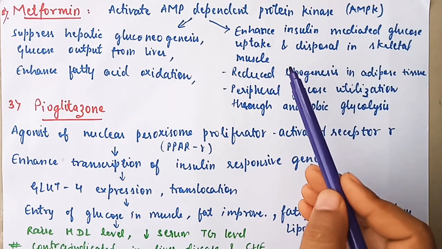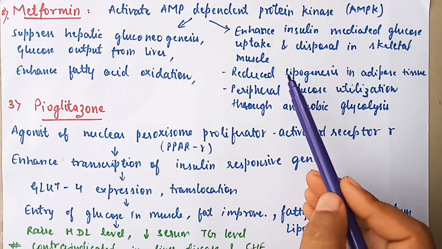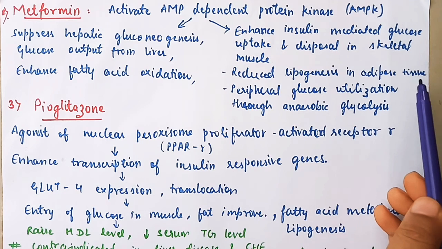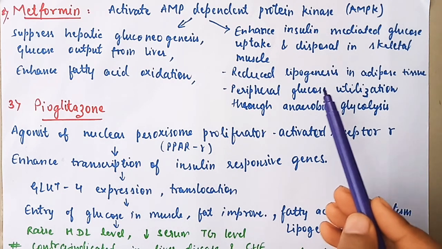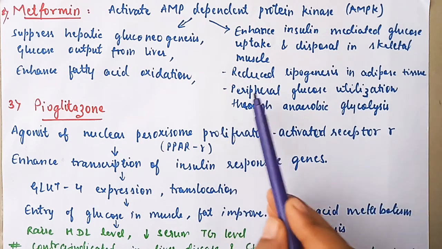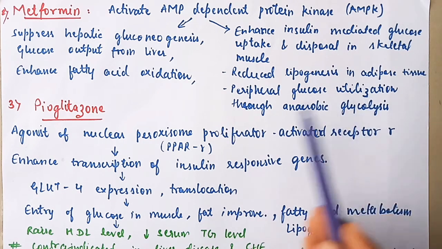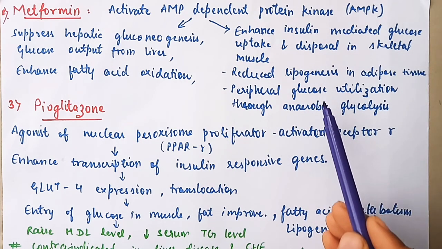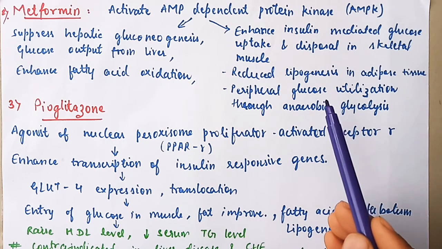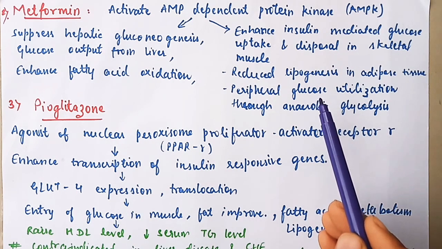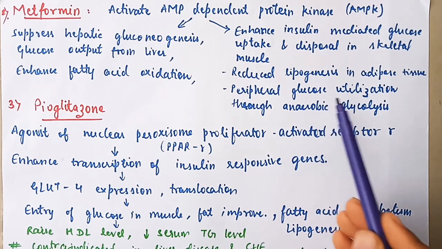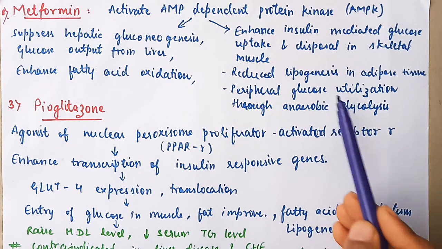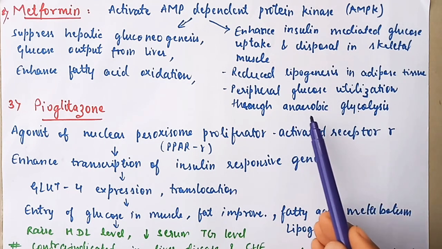They also reduce the lipogenesis in adipose tissue, that is no lipid formation takes place in the adipose tissue, as well as they cause the peripheral glucose utilization through the anaerobic glycolysis, that is the glucose which is generated by the glycolysis process is utilized by the body by the anaerobic glycolysis, and the energy which is generated by this anaerobic glycolysis is consumed.